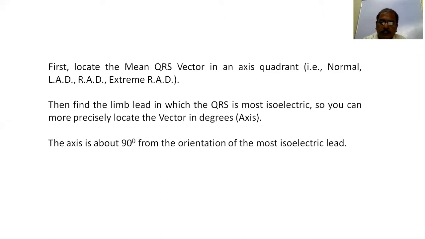So this is what these things mean. First you have to locate the vector in an axis quadrant. Then you find the most isoelectric lead, and 90 degrees from that isoelectric lead is your axis. Now let us see.